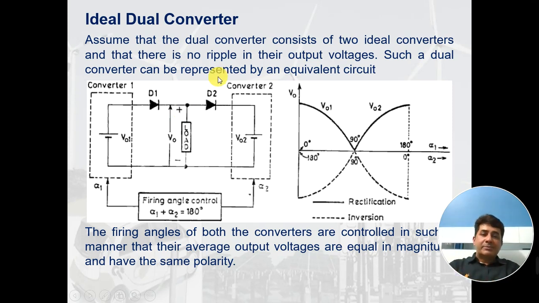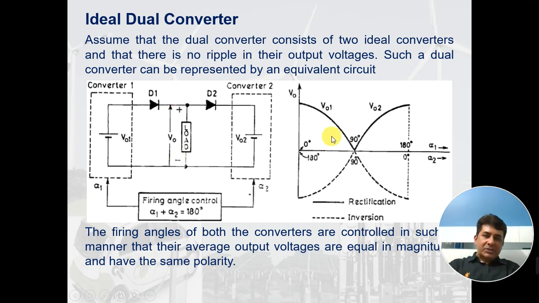If we need the output voltage as positive and negative all the time, the firing angle of this converter should be less than 90 degree and the firing angle of the other should be more than 90 degree. So at one time we keep one firing angle less than 90 degree and the other more than 90 degree. Then only we can get this voltage as positive and negative.